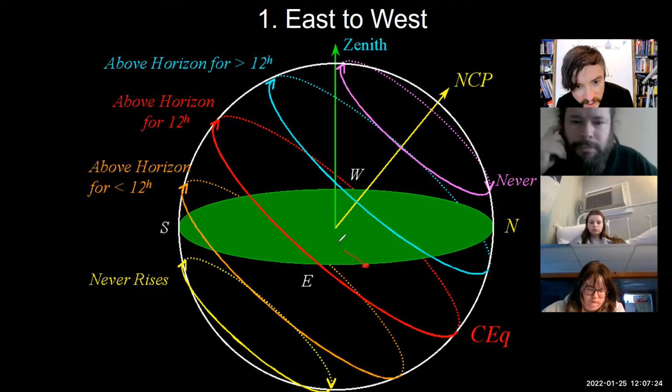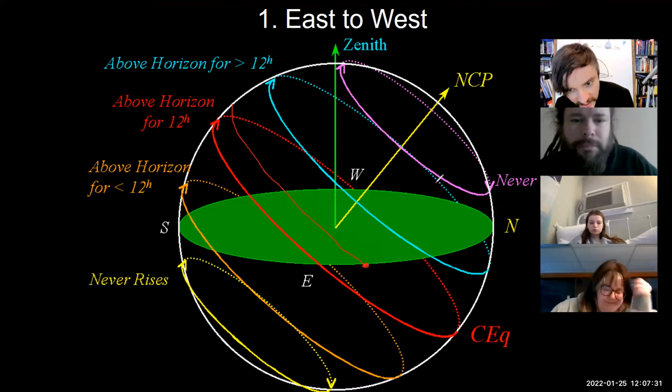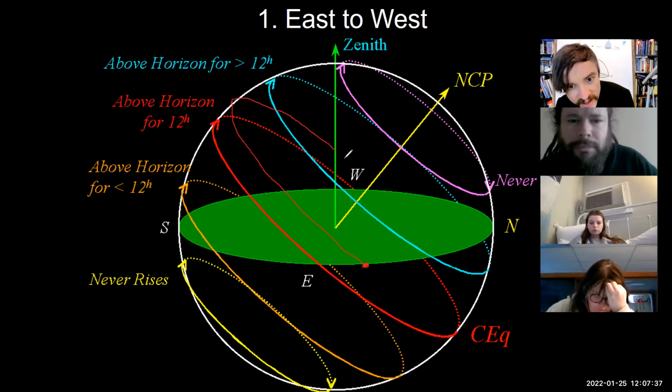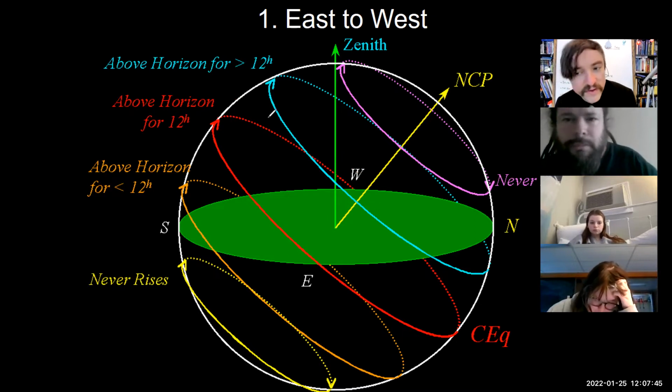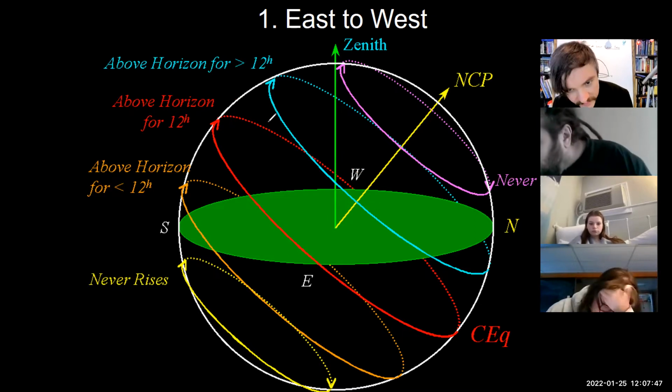It will come up and reach its highest point in the local sky when it crosses your meridian, the meridian being the north-south line. And then it will sort of sink back down in the west while staying on these sort of parallel tracks. The angle through which the stars rotate depends upon your location on Earth.